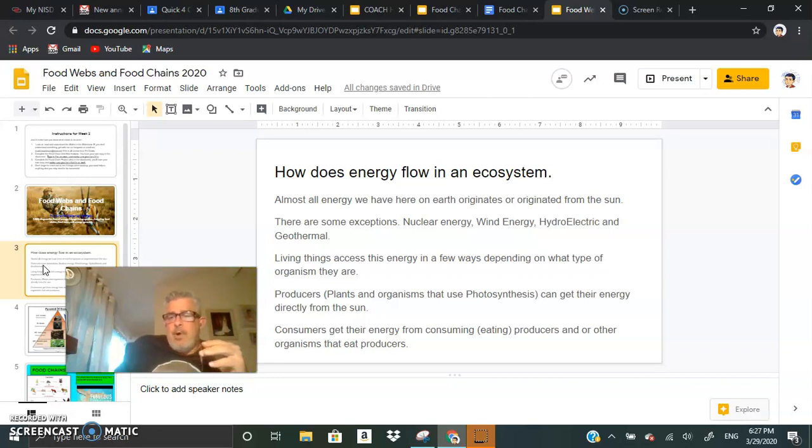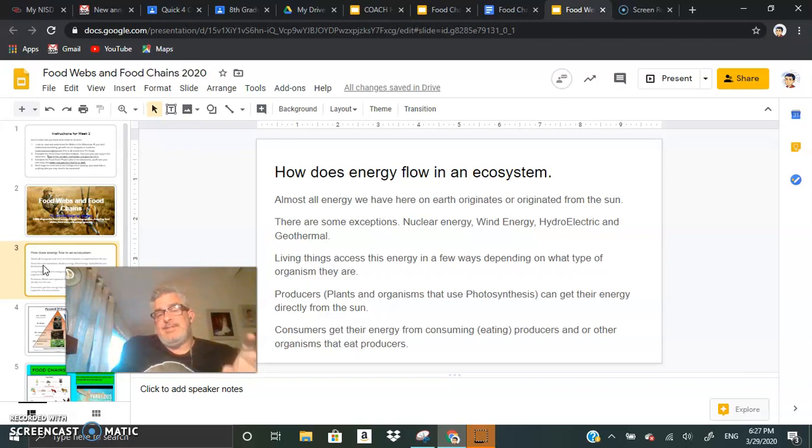Of course, almost all the energy that we have here on Earth comes from the sun, and it originated from the sun millions and millions of years ago. Coal, oil, natural gas, all of those things are made from the remains of once living creatures who got their energy from the sun millions of years ago. It's just been buried in the earth and stored.